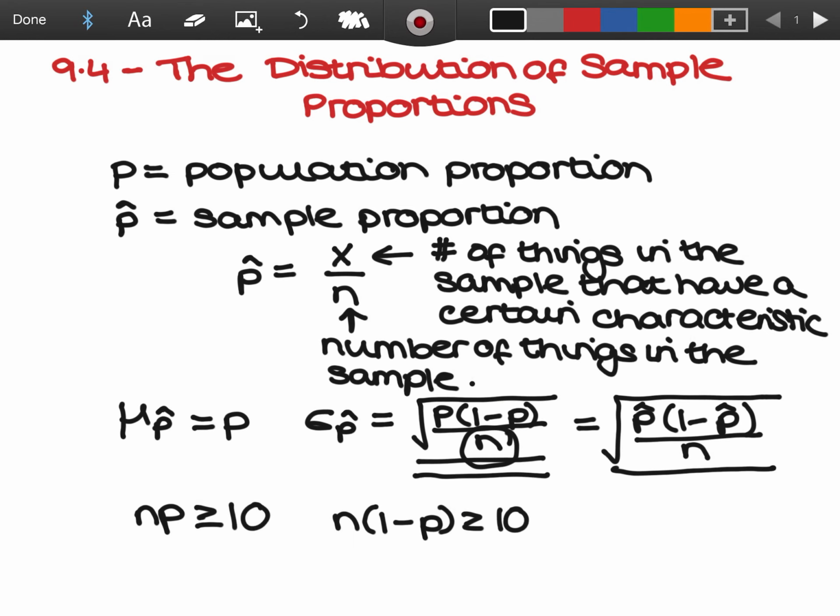If you think about it, you're looking at the proportion of things that have a certain characteristic. So the rest of them are not going to have the characteristic. You have two outcomes, it's actually binomial. So in order for it to take on a normal distribution and to use that normal approximation, exactly as we said in 8.6, we had to have these two properties.